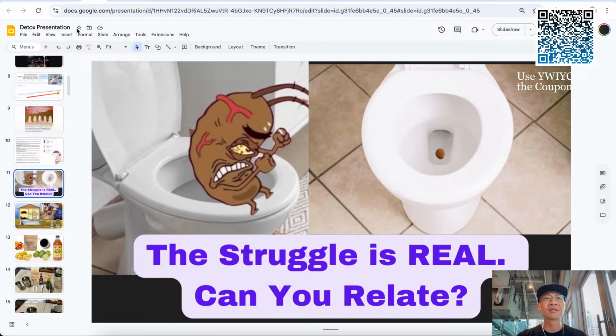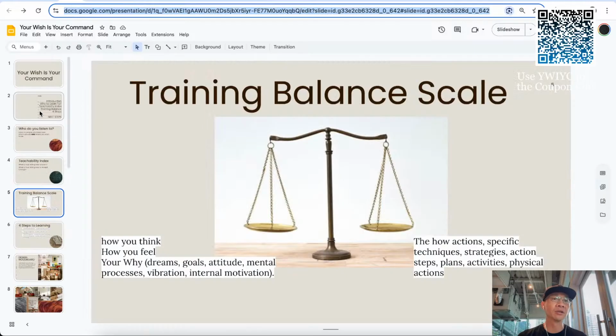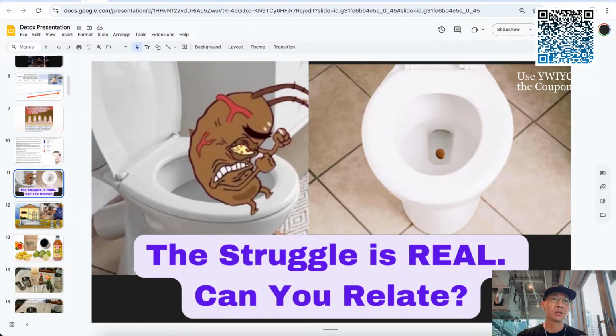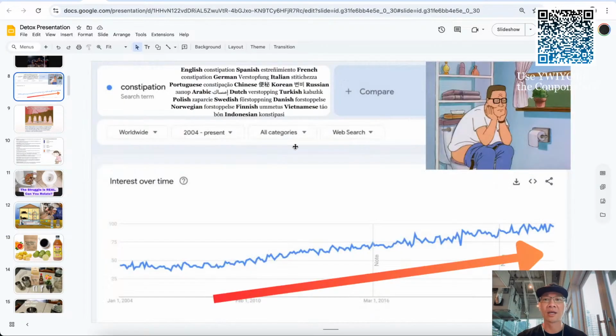So I had to go on this path. What did I have to do? I had to listen to new people who have been where I was and where I want to be. Other people struggle with chronic constipation too. I wasn't the only one. Do you know how serious chronic constipation is? I looked at the keyword analysis for this. This data goes all the way back to 2004. Constipation, this keyword, is undefeated.